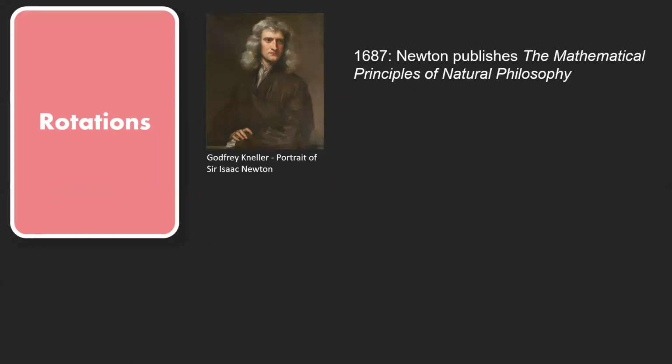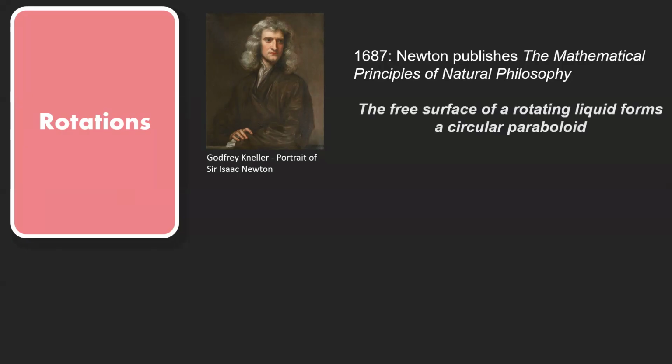But there's something really particular that I'm sure you might not have heard of, which is that the free surface of a rotating liquid forms a circular parabola. Fancy words, but what this means is that if you have a bucket of water, for example, the surface, as you rotate the bucket, just forms a circular parabola, which is basically a 3D equivalent of a parabola.